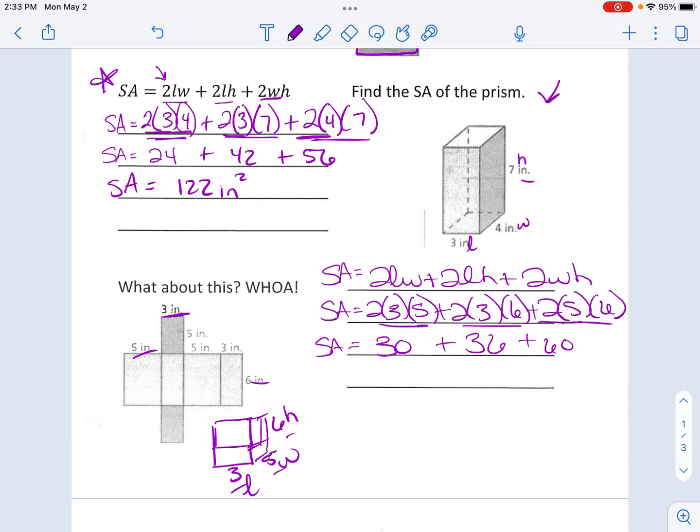So then we can add 30 and 36 and 60. So my surface area is 126. It is inches again, squared.